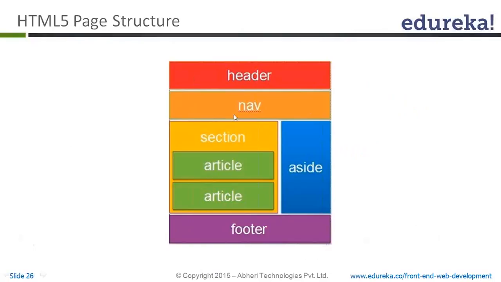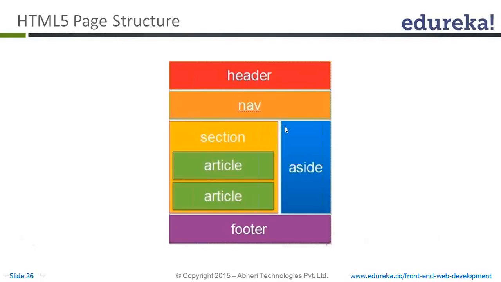Then below the header comes navigation, nav. Note that whatever I've given here, header, nav, footer, are all HTML5 tags. They are not generic words. Below the header, generally you can put the navigation.